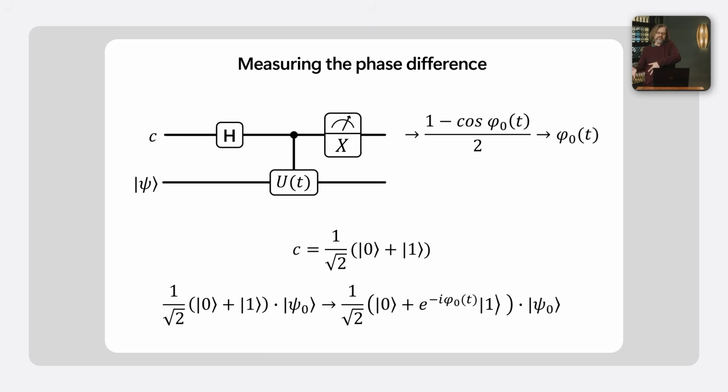That means if the control qubit is 0, it picks up no phase. But if the control qubit is 1, it picks up the phase that is proportional to the ground state energy times the time. And if I now measure the control qubit, then from that I can deduce the ground state energy. That is, in simple terms, the idea behind quantum phase estimation.